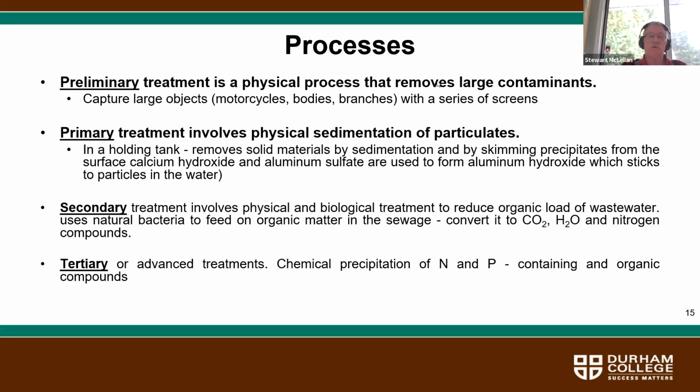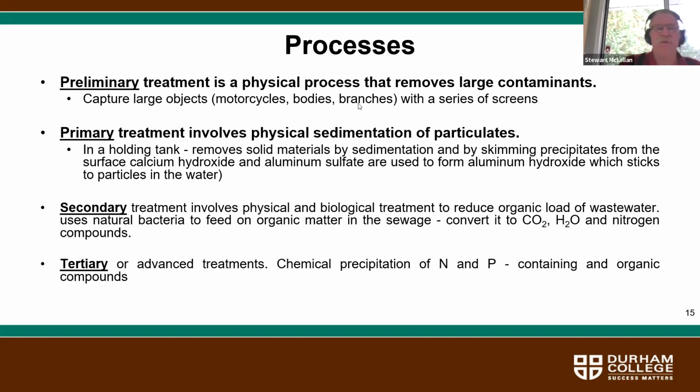Preliminary treatment is a physical process that removes large contaminants. It captures large objects, and they have as examples here motorcycles, bodies, branches, with a series of screens. I don't know that a motorcycle would actually make it to a wastewater treatment plant. I doubt very much if a body would.